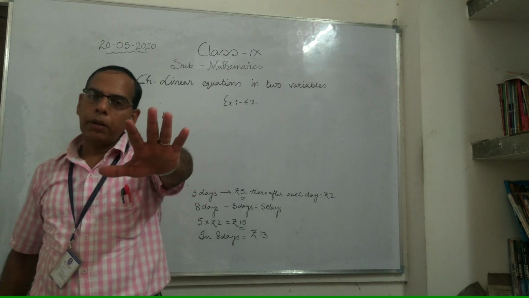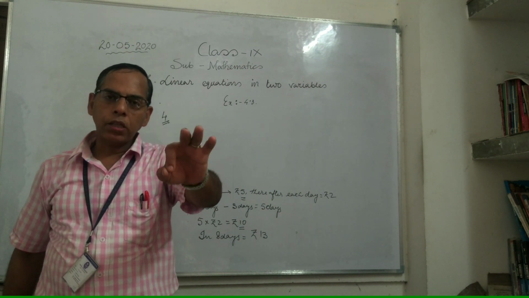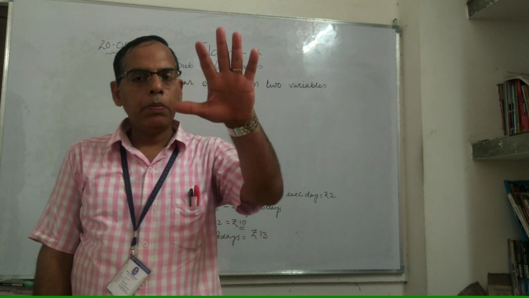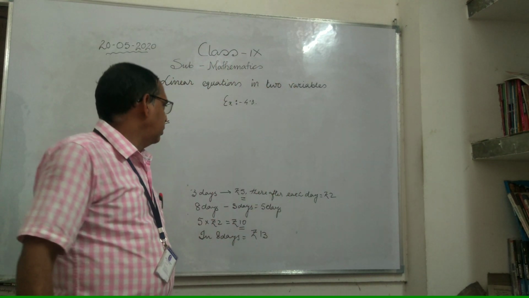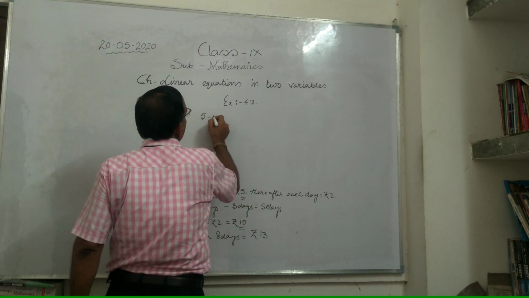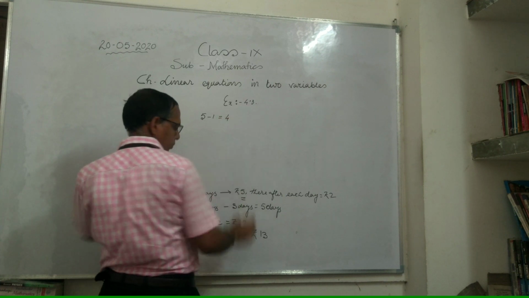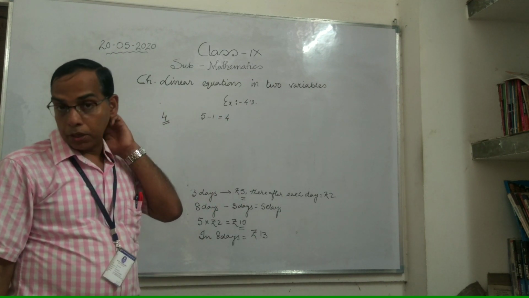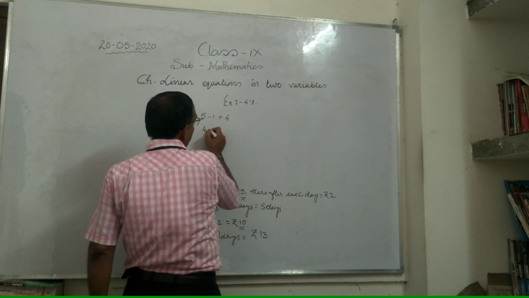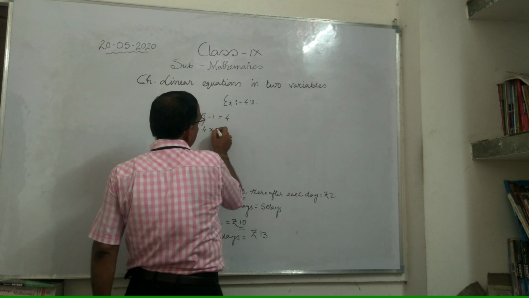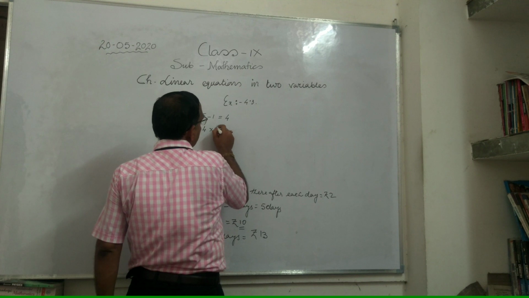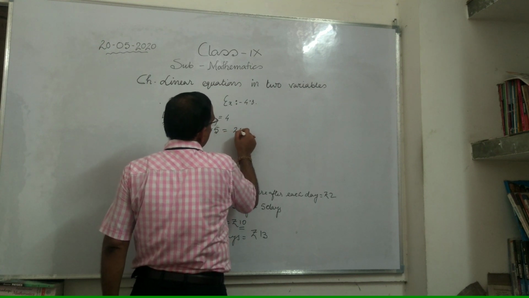You have traveled 5 km. For the first kilometer you pay ₹8, and for each subsequent kilometer you pay ₹5. Suppose 5, then 5 minus 1 is 4. For the first kilometer you gave 8, and for the subsequent 4 kilometers, 4 into 5 equal to 20.